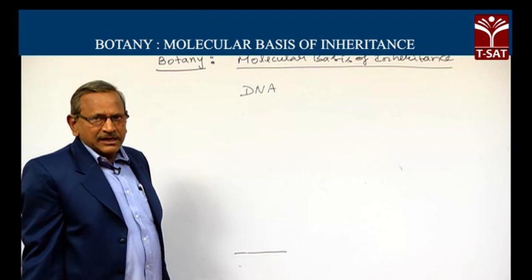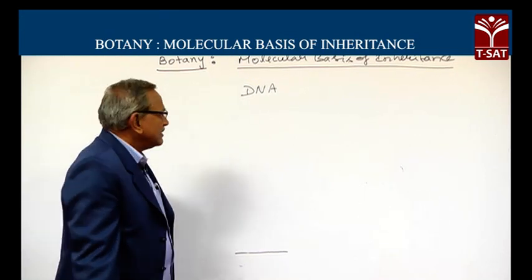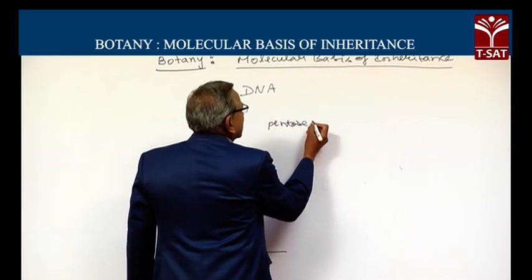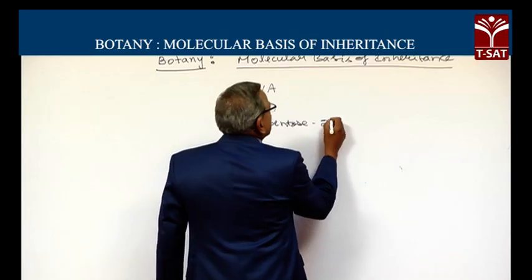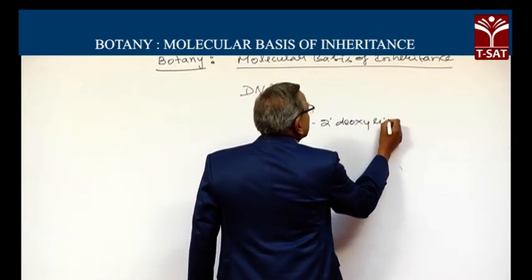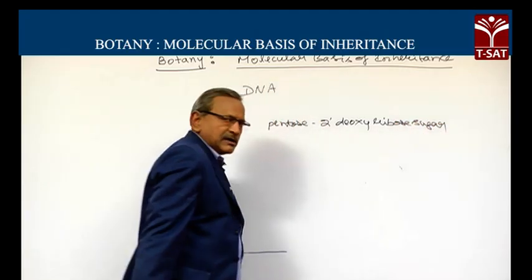Now let us consider how the DNA macromolecule is formed. In a DNA we have pentose sugar. The sugar is 2-deoxyribose sugar.